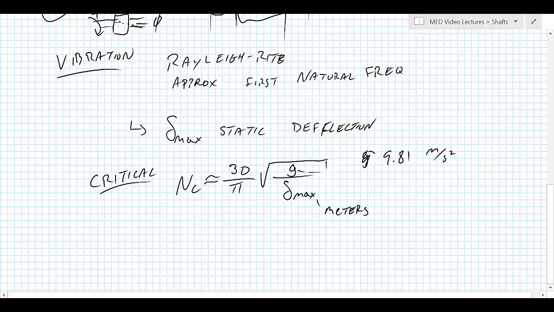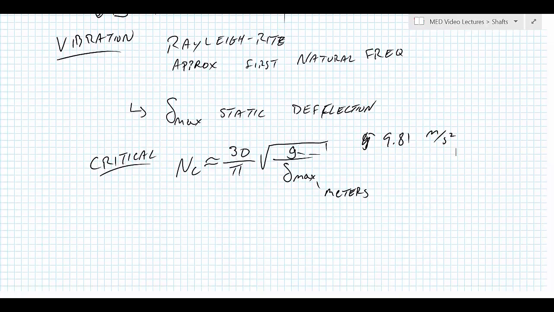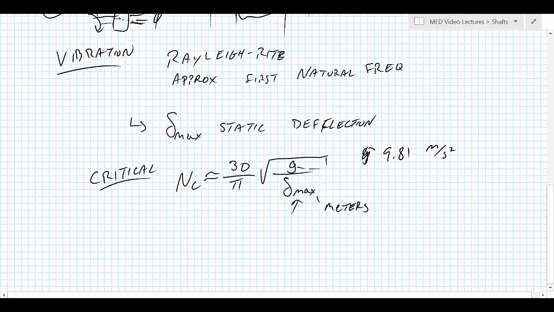If you're in millimeters, use gravity in millimeters. Obviously, stay consistent in your units. Also, typically when we talked about deflection, we said it was in a negative y direction. If you take the square root of a negative value, you start talking imaginary numbers, which gets complicated, so this is the magnitude of deflection.